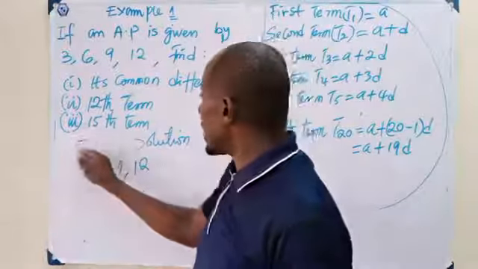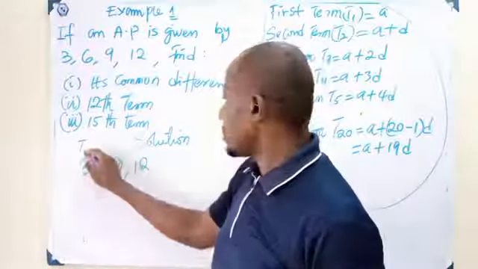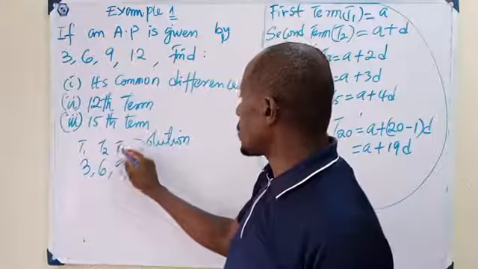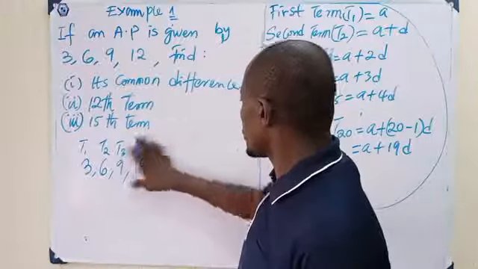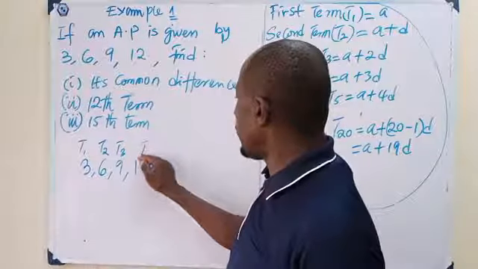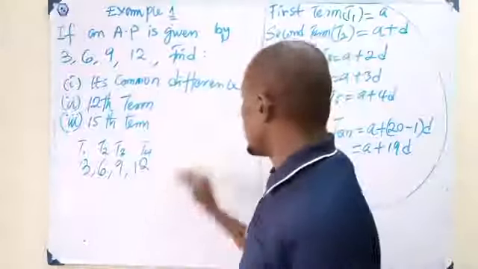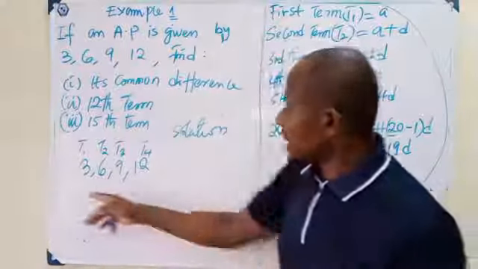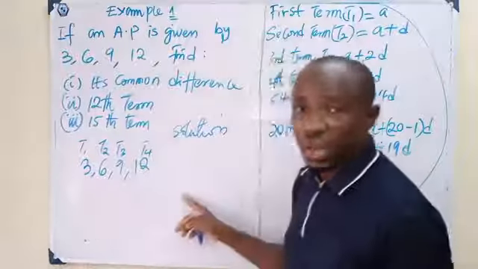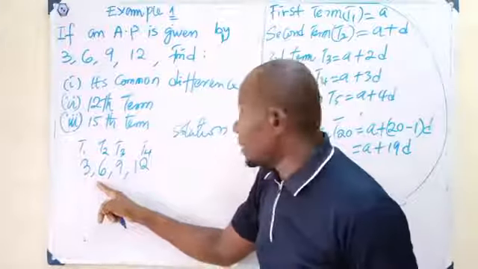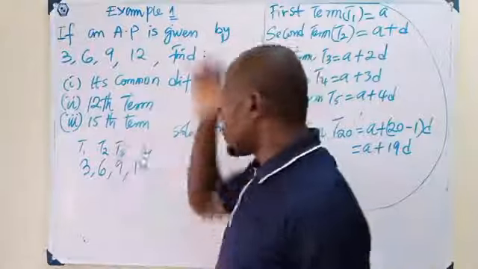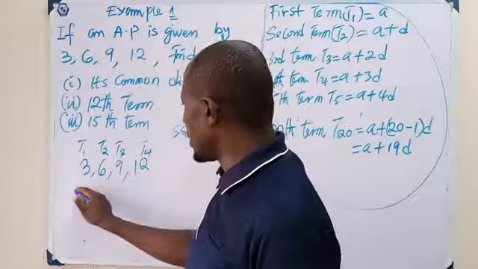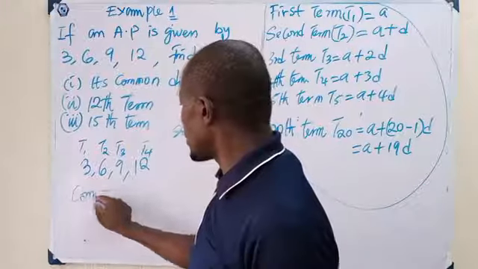The first number is the first term, followed by the second term, followed by the third term, and followed by the fourth term. This is the order of the sequence. Now, for the formula for finding common difference, we said you can use any one. D, common difference.